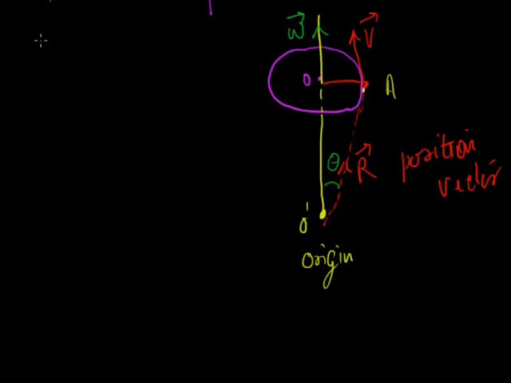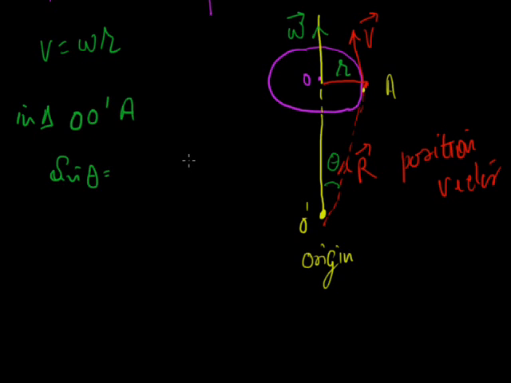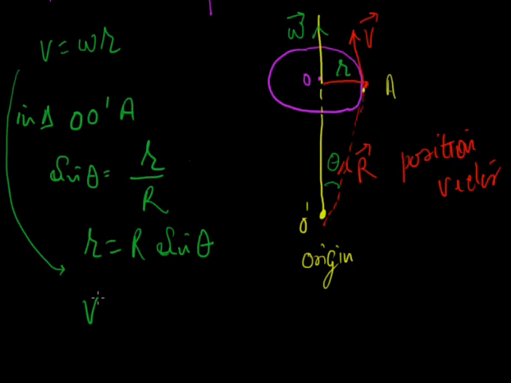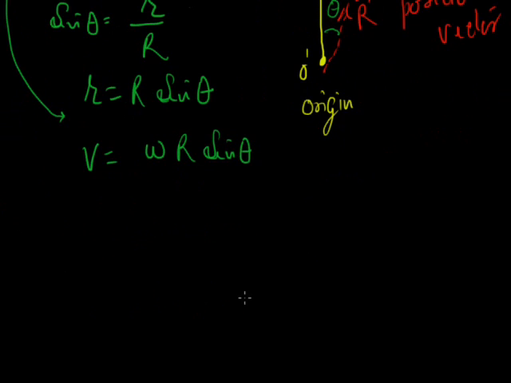We very well know that v is omega r, where r is the radius of the circle. We want to convert small r in terms of the position vector, capital R. So in triangle O, O dash and A, sine of theta will be the perpendicular, small r, upon capital R. The value of r will be R sine theta. On putting this value in the relation v equals omega r, we get v equals omega R sine theta.